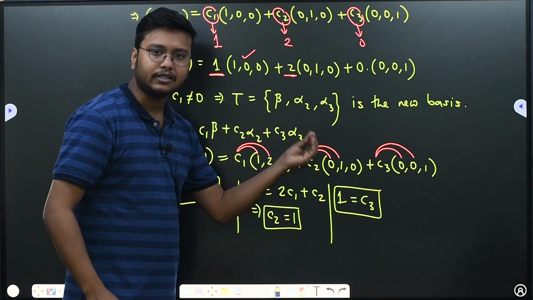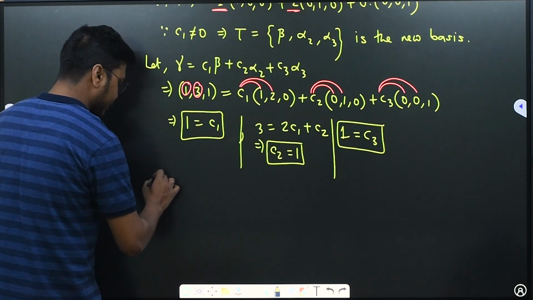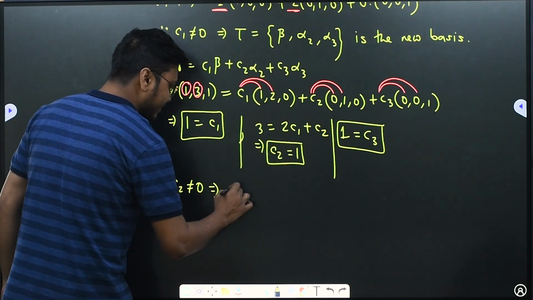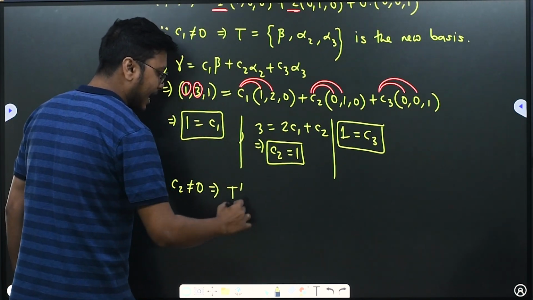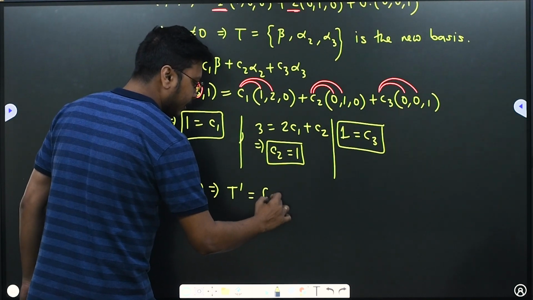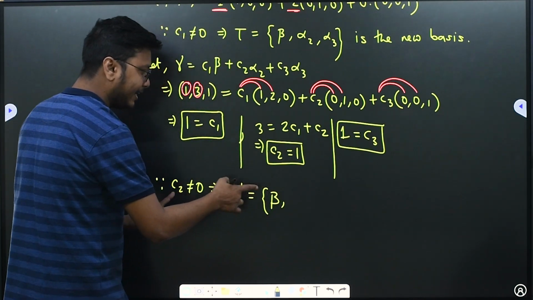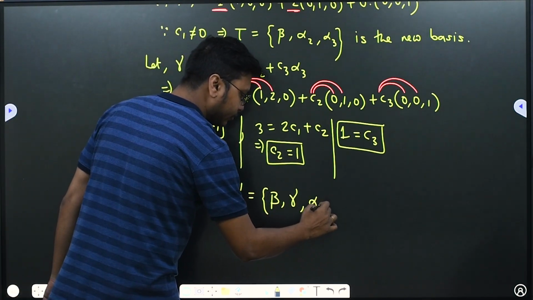So let me just replace alpha 2. Since C2 is not equal to 0, let me call the new set T dash, the previous one being T. Since I am doing it corresponding to C2, I will replace the second element by the new element gamma, and alpha 3 remains as it is.